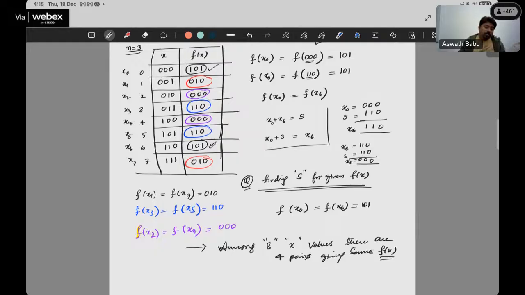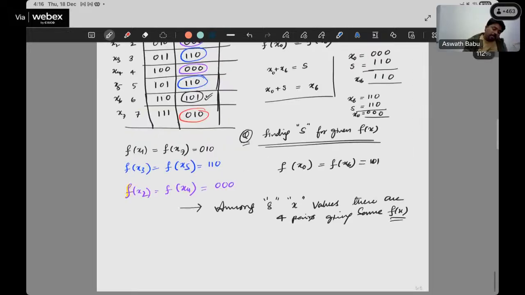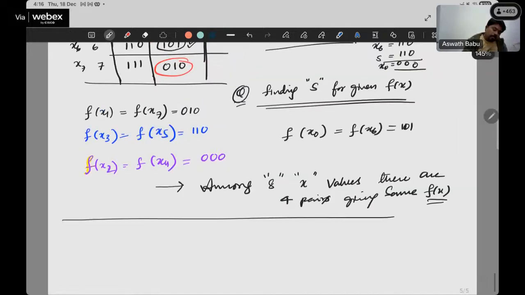Right now you are seeing it on the paper. If I had to write a program, what the program can do is pick any two of them and find out the f of x values. If the two f of x values are the same, it immediately calculates the s value by summing the argument values which give the same result.